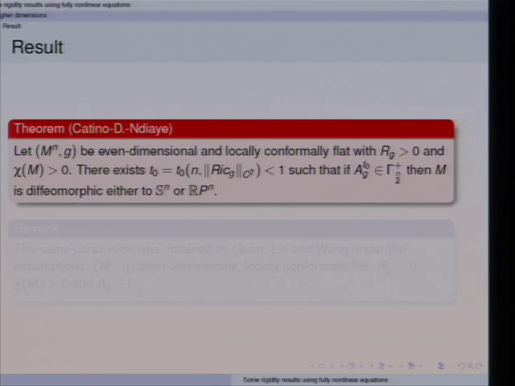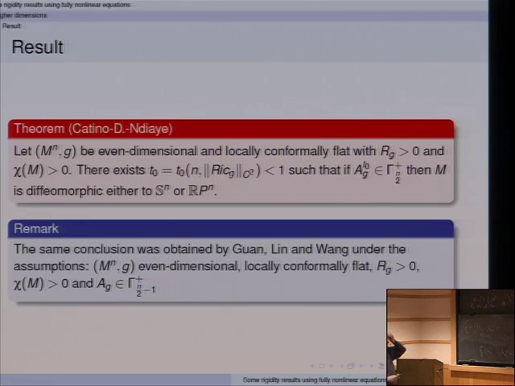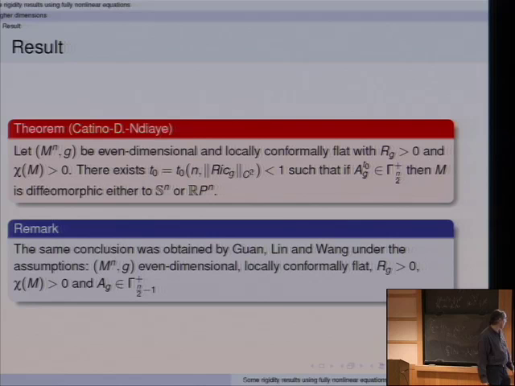So, I'm going to finish very early. Let me just mention that the same kind of result, in the same spirit but not exactly the same context, was obtained by Pengfei Guan, Changshou Lin, and Guofang Wang, under the assumption, okay, still an even dimensional manifold, locally conformally flat, positive scalar curvature, positive integral of sigma n over 2. This is this condition here.